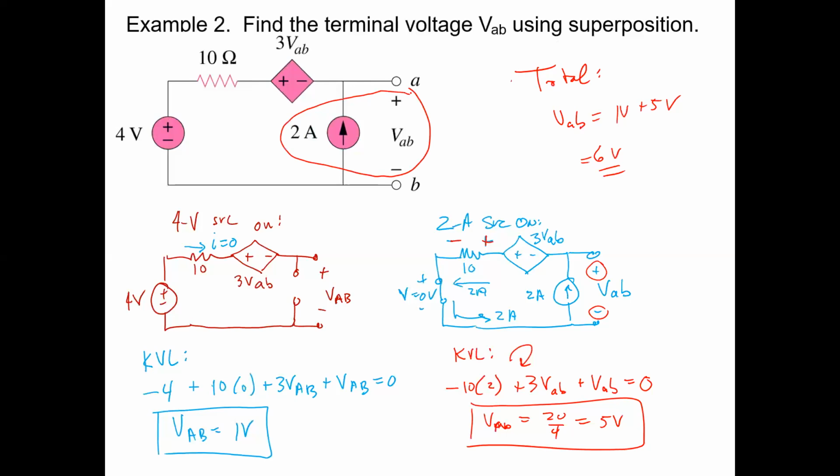Mike, Mason? Yes, it's a voltage dependent voltage source. Yeah, that would actually answer your question, right? If you had a current controlled voltage source, then the dependent source would go to 0 in that first circuit when you turn off the current source.